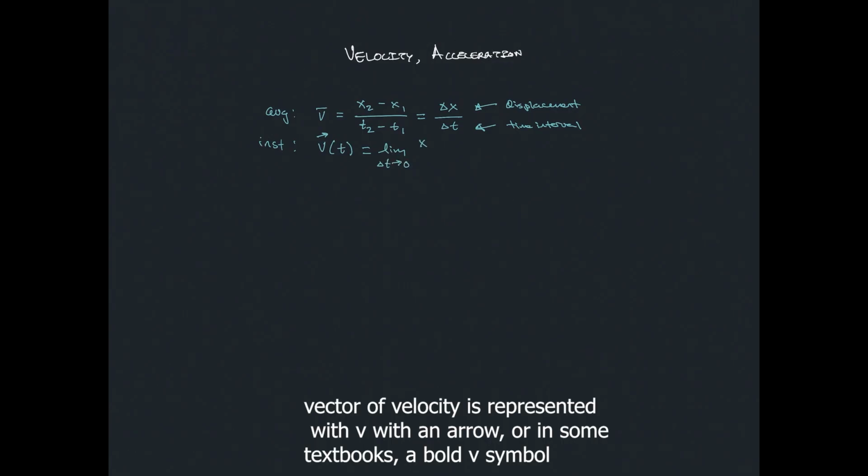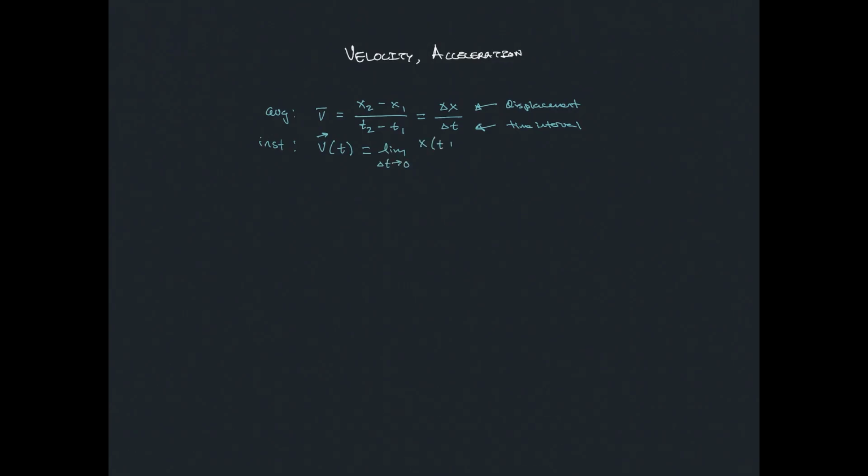It's the limit as the time interval approaches zero of the final position, which you could just write as the position at time t plus the time interval, minus the initial position, which is the position at time t, over the time interval delta t.